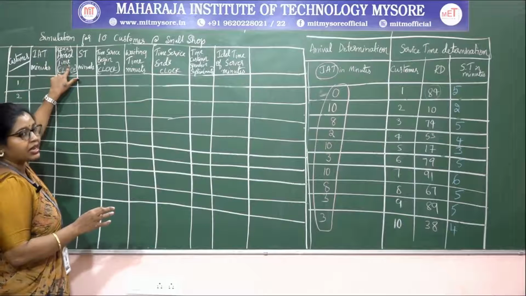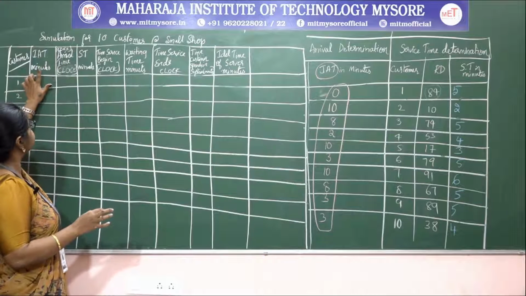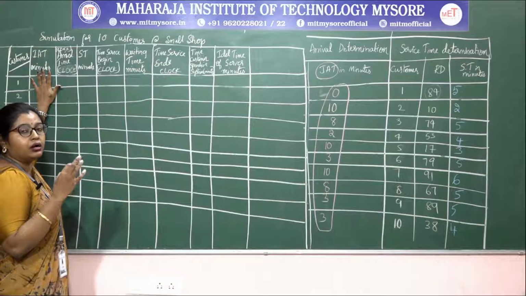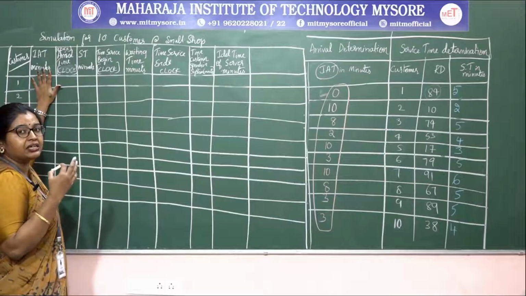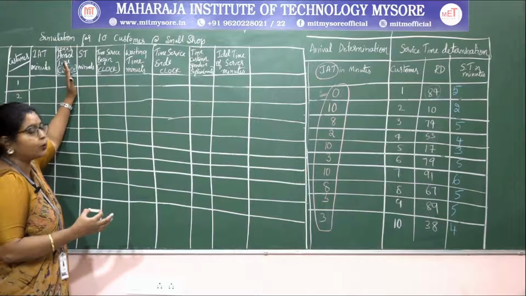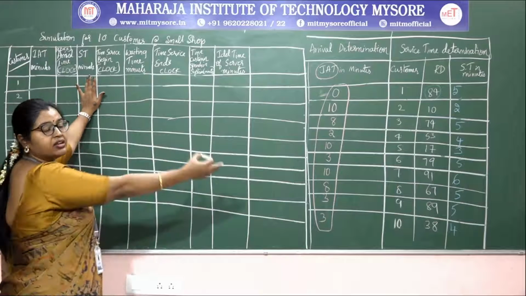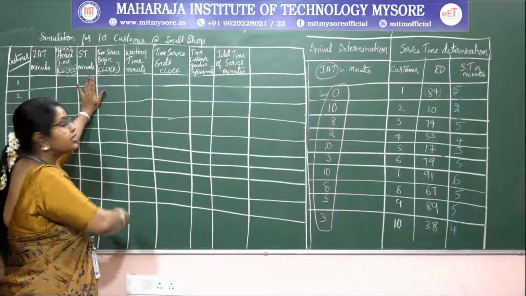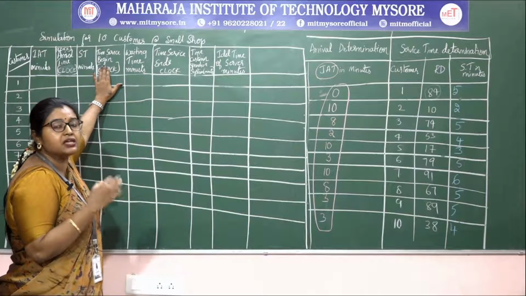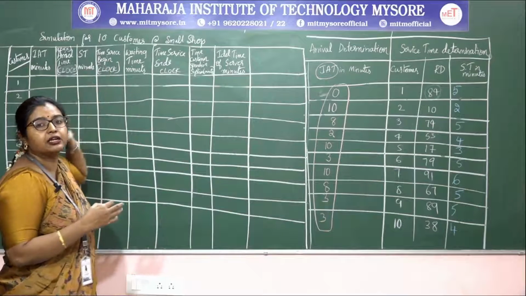This arrival time is going to be calculated based on the inter-arrival time. The cumulative time of the inter-arrival time is nothing but the arrival time of the system. Next is ST, already calculated, and then we have service begins. At what time has the service begun for that particular customer?